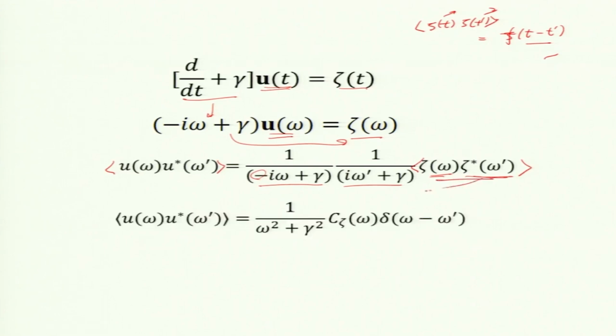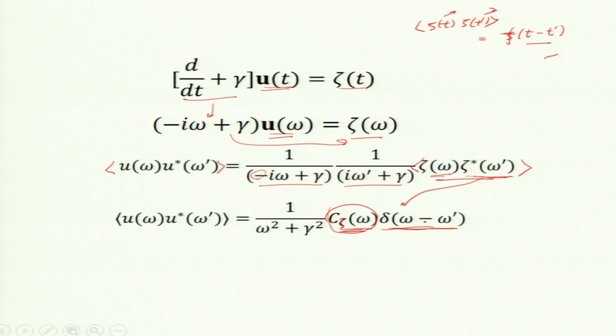So, for that system, this derivation I will not do, this is the correlation of zeta, C zeta omega, times delta of omega minus omega prime.